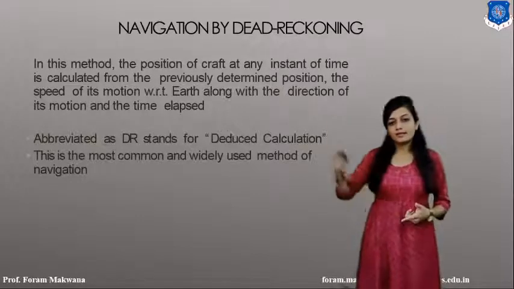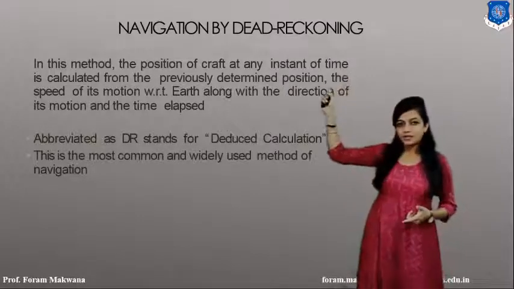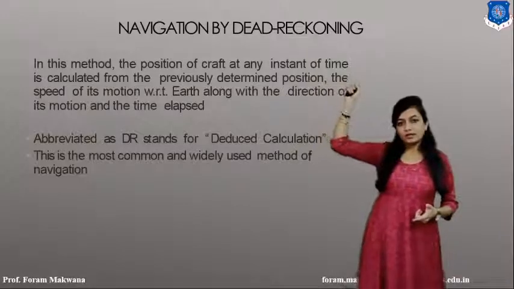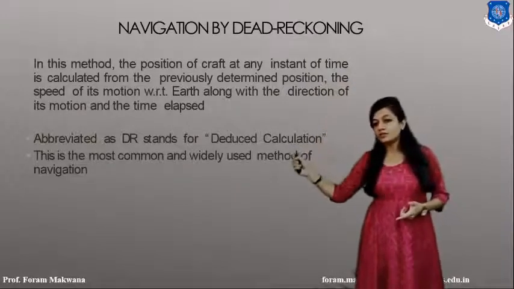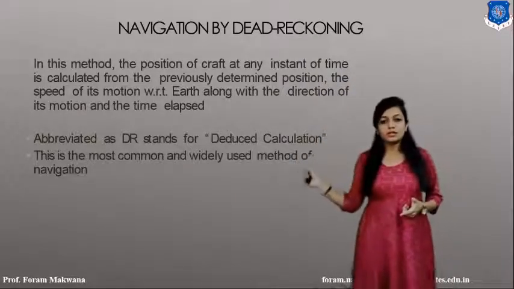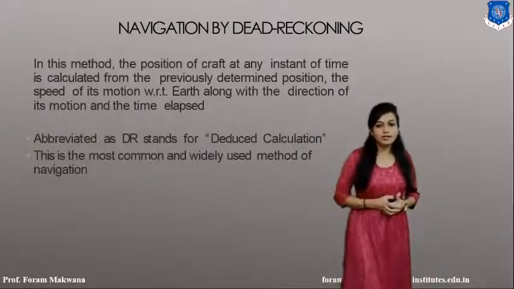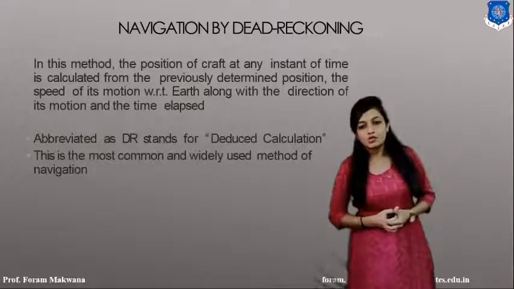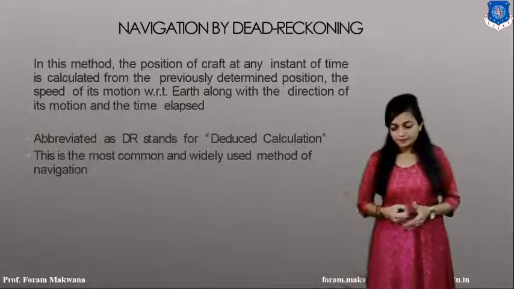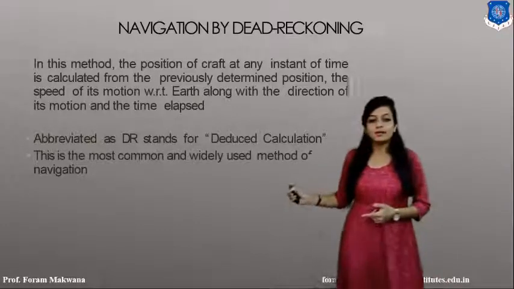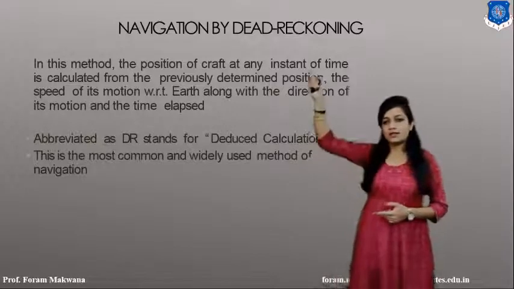It is abbreviated as DR. DR stands for dead reckoning, but another name is reduced calculation. So over here we require less calculation to fix the position of the aircraft. The most commonly used method for navigation is dead reckoning.